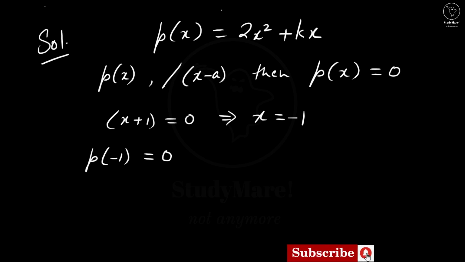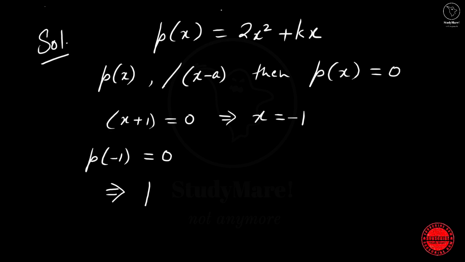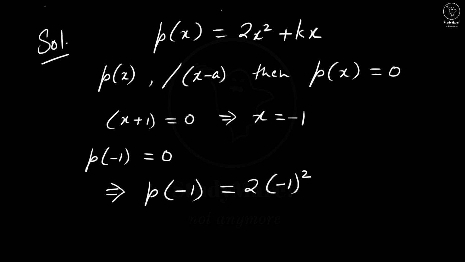Now, if we take the value of x as minus 1, it means p of minus 1 is equal to 2 into minus 1 whole square plus k into minus 1.